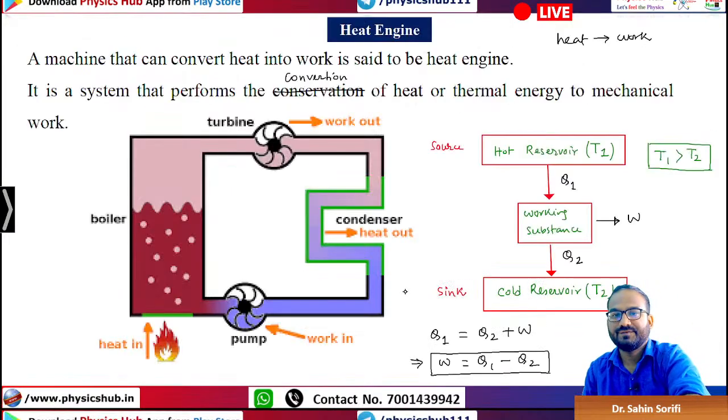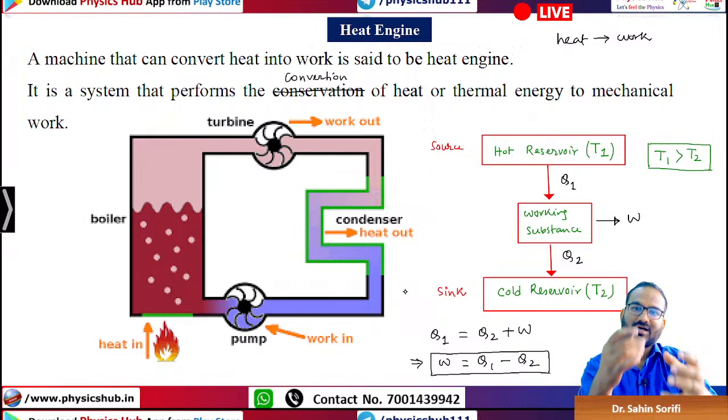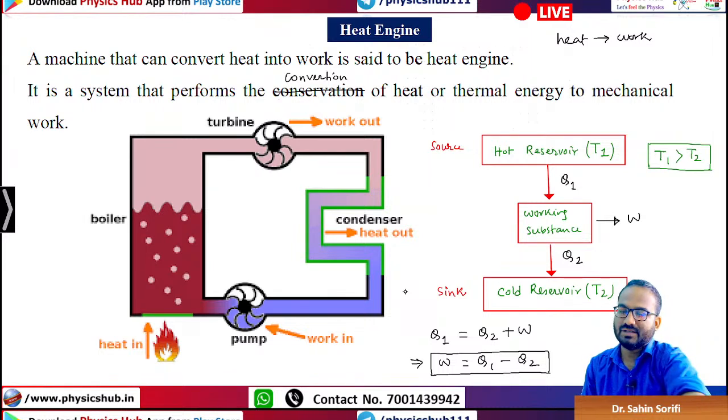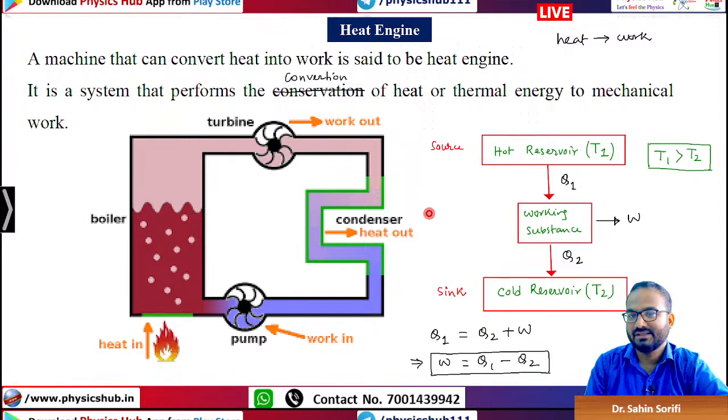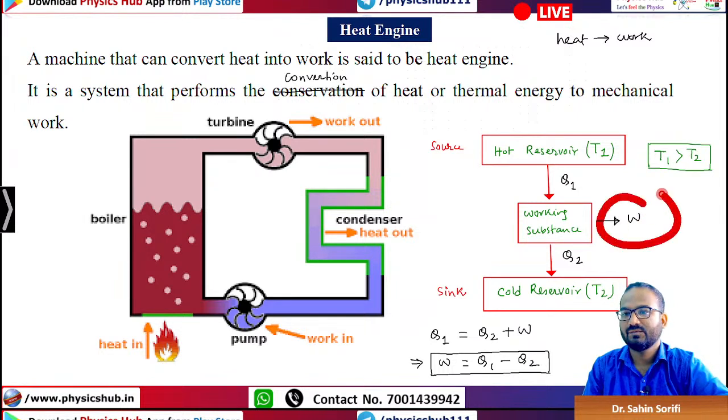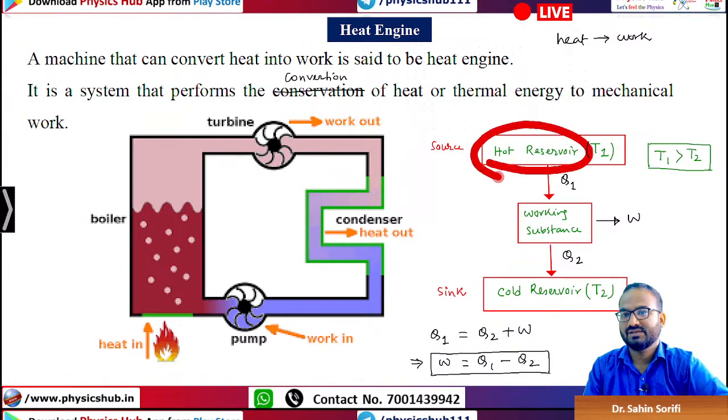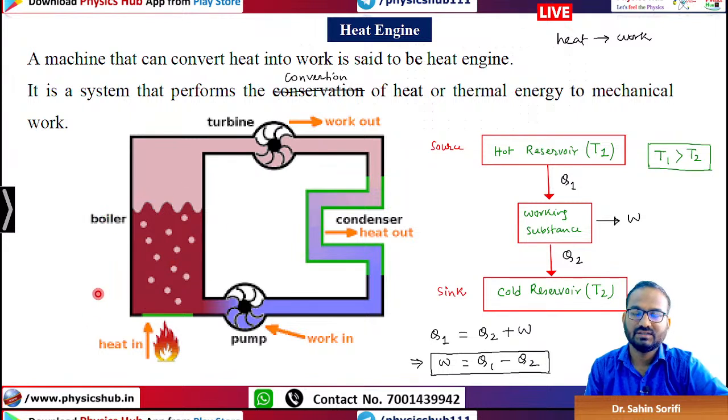So, you can imagine efficiency, it is like the ratio of the output and the input. You need to understand very clearly what is the effective output, what do you want, that is the output, and what we give, that is the input. So, in a heat engine, our main purpose is to get some work done. So, this is the output, and what we are giving as input, we are giving this heat from the hot reservoir, it may be some kind of boiler.